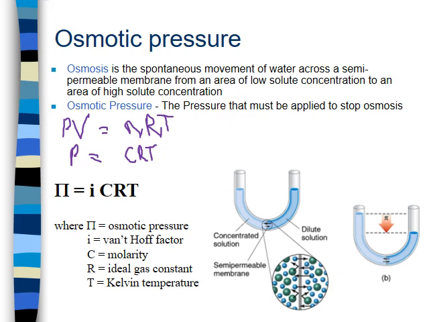Now, if your solute that you're dissolving is ionic, then it will have a van't Hoff factor that's not equal to 1. So we can throw a van't Hoff factor into the equation to account for the additional particles as a result of dissociation. Now finally, this equation right now looks like the ideal gas law. However, we're not talking about gases, we're talking about a solution and osmosis.